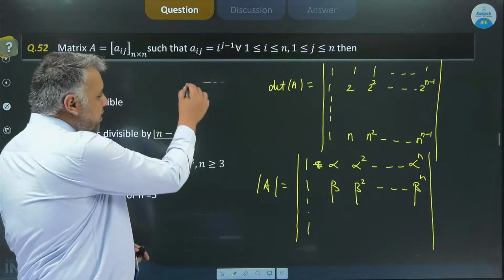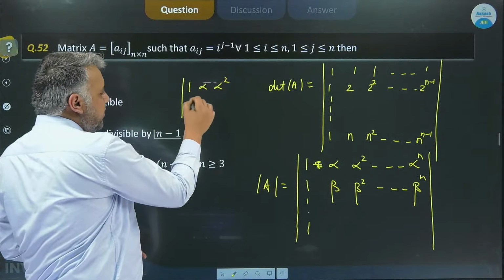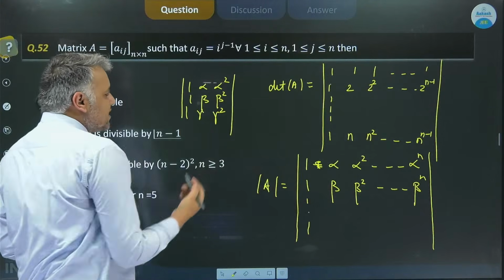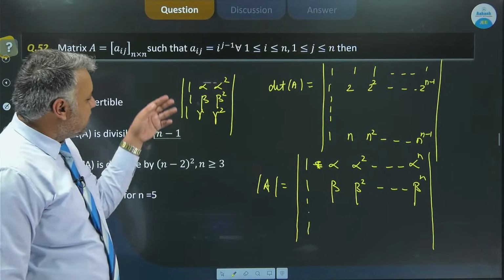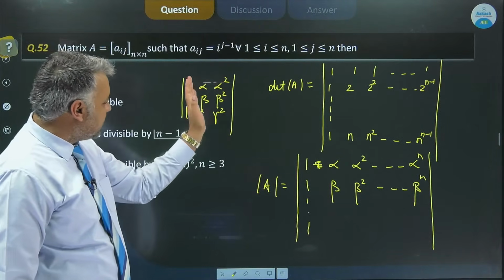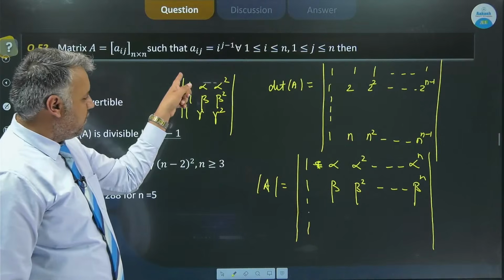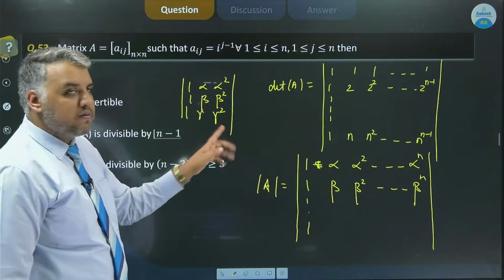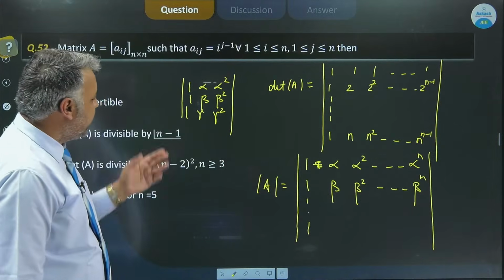In fact, you have seen such a question with 1 alpha alpha square, 1 beta beta square, 1 gamma gamma square. We explain it like this: the total degree of this polynomial expression will be 3. You can add the powers of the diagonals: 0, 1, 2, so this will be a degree 3 expression in the variables.